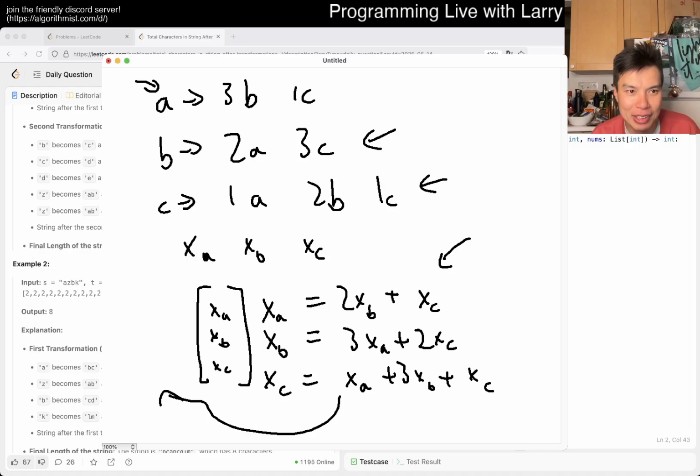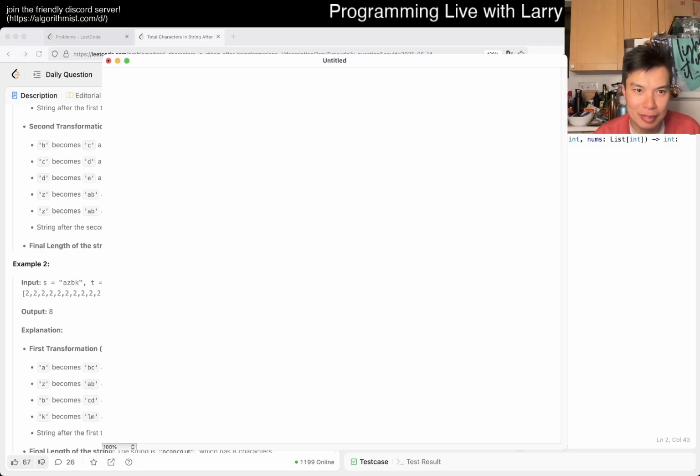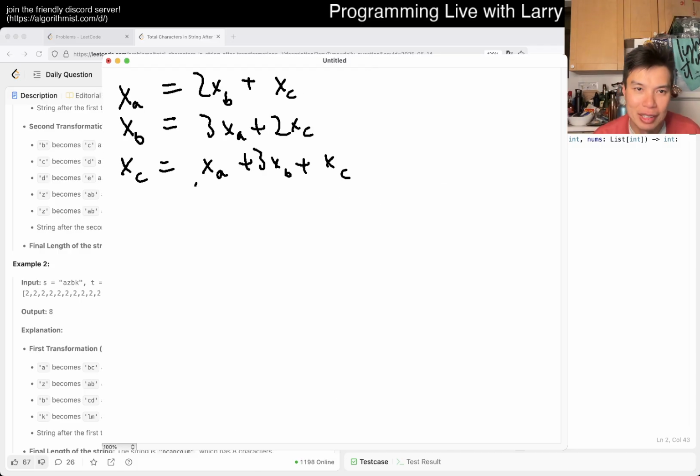All right, let me actually rewrite this, hang on. What I mean by that is, given this, maybe this is like the previous x sub b and x sub c, right? Because now you can rewrite this as a set of linear equations, right?